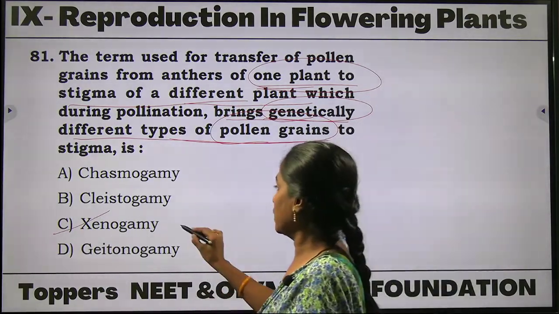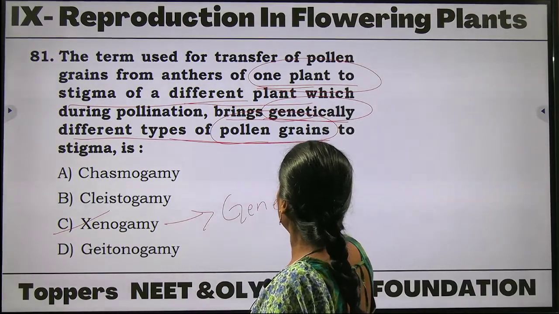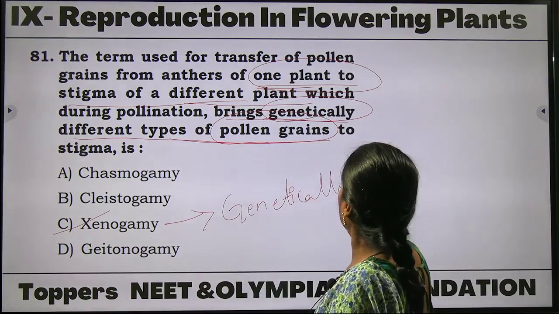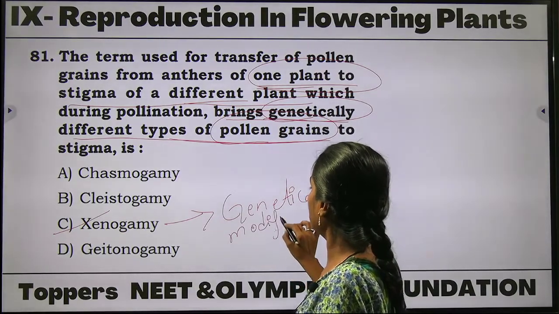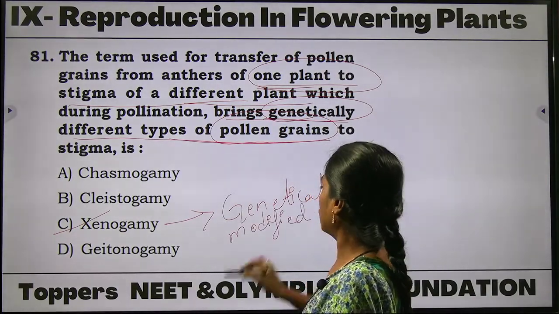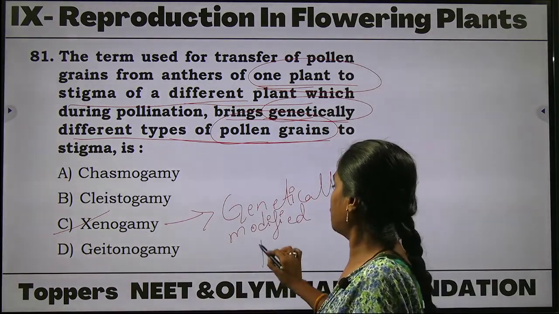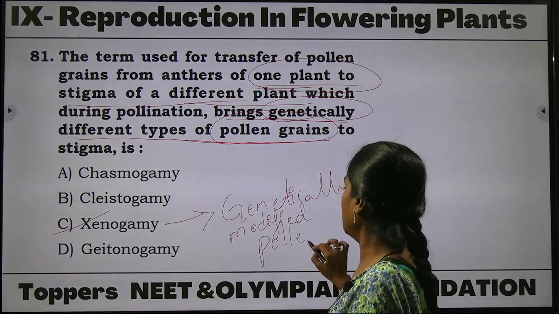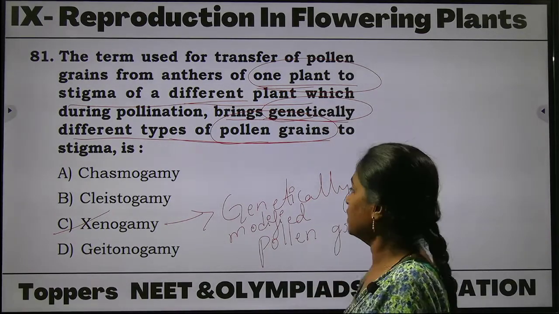So in this we can observe a genetic modification that generally occurs naturally, not man-made. Here we can observe genetically different pollen grains. So this process is called xenogamy.